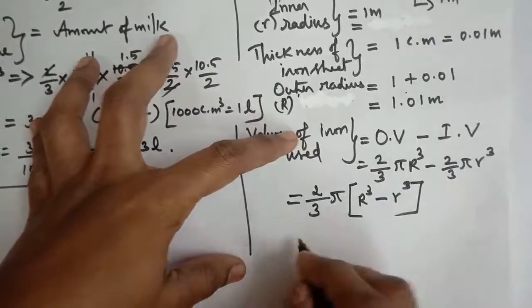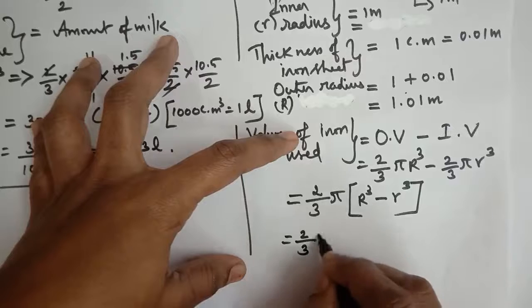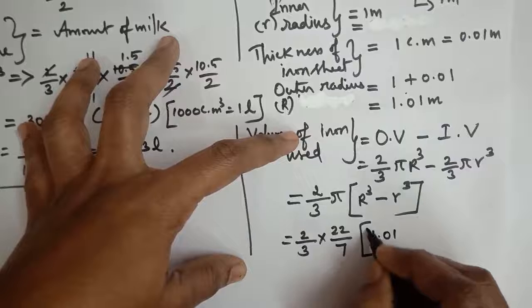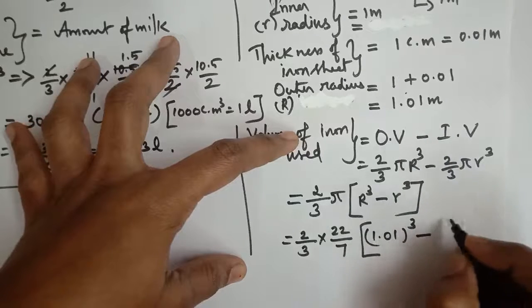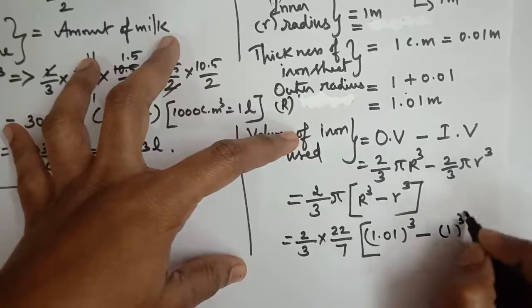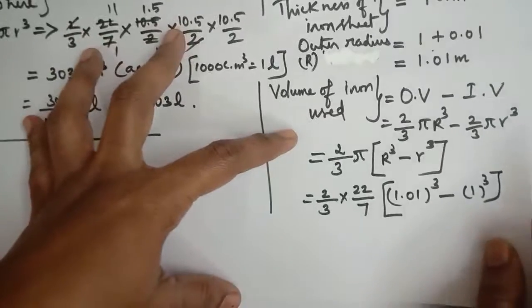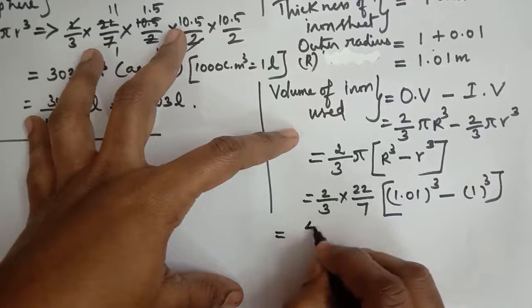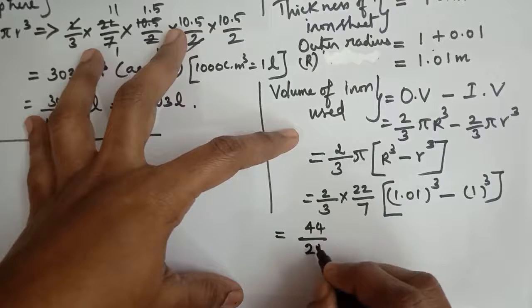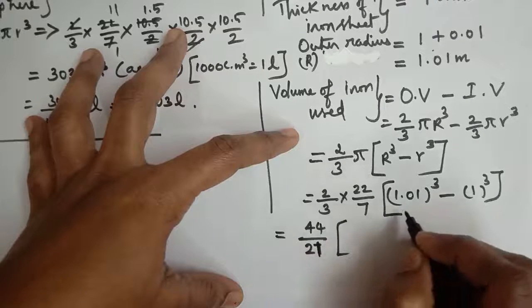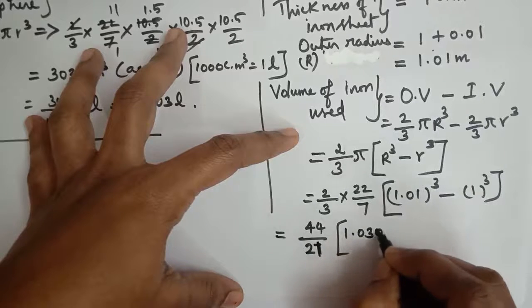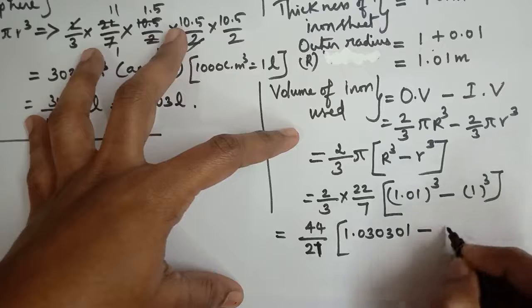Is it clear? Then students listen, 2 by 3 into 22 by 7, capital R that is 1.01 the whole cube minus small r that is 1 whole cube. That is equal to 2 into 22 is 44 by 21. 1.01 the whole cube is 1.030301, minus 1 cube that is 1.